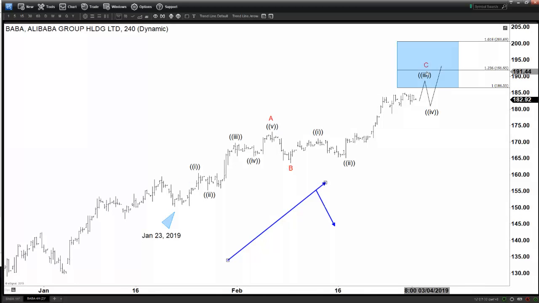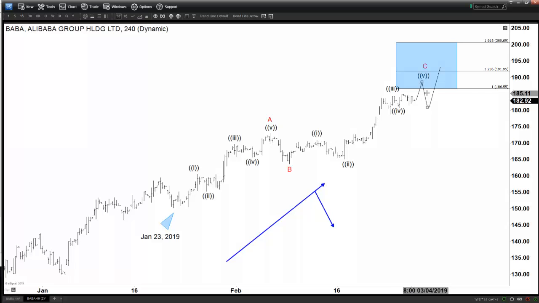This could be a wave 3, and this could be a wave 4, and we can be already in the final leg, wave 5, to finish the C. If that's the case, we should not be overly aggressive once Alibaba reaches 186.5 at least, because once the stock hits that level, the minimum target from the move to the upside has been reached, and we can see the pullback any moment.